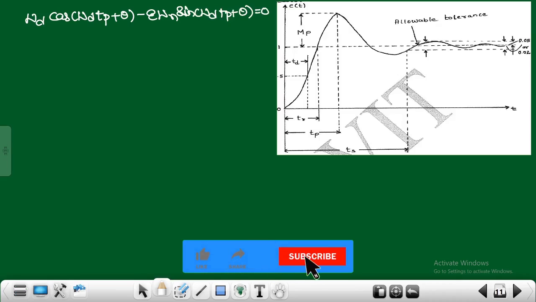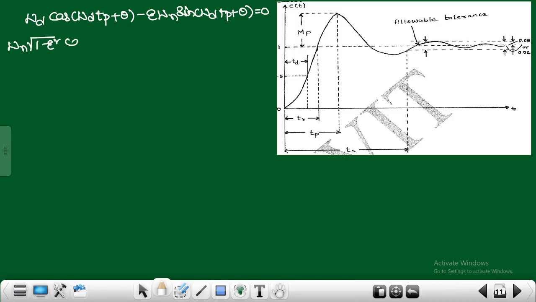This is the second term. But you observe here, omega d can be written as omega n into under root of 1 minus zeta square, into cos of (omega d Tp plus theta) minus zeta omega n into sin of (omega d Tp plus theta) is equal to 0.